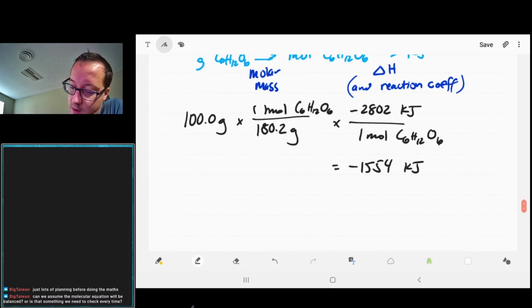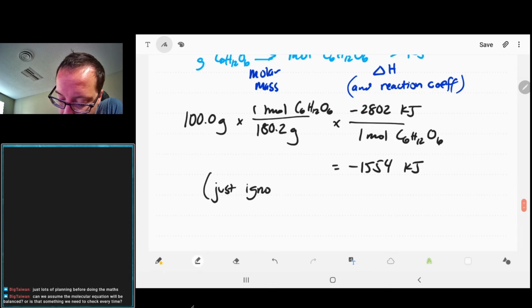Just remember negative just means it's exothermic, right? So that's the amount of heat that would be changed there. So we can just leave it like this, or if you really wanted, we could say the positive number is released. Let's just leave it as is. That'll be the best thing there. So for right now, we can just ignore the negative sign.